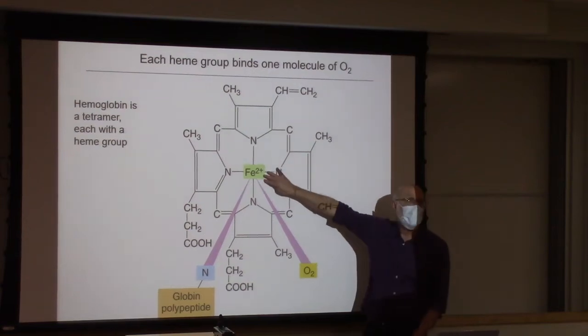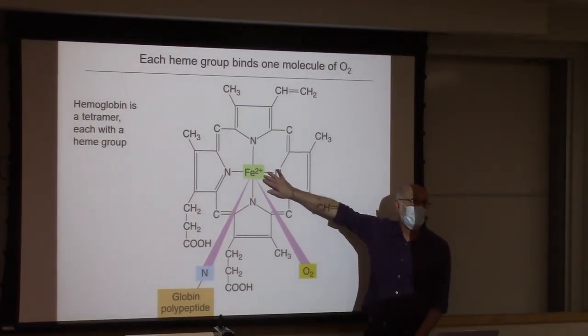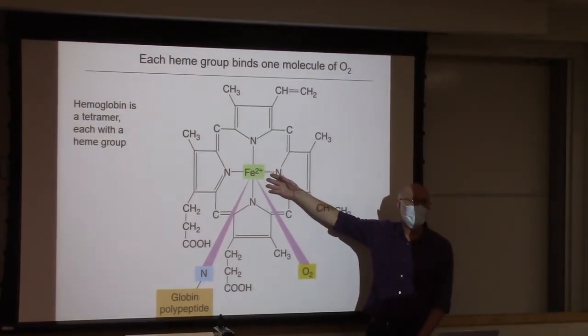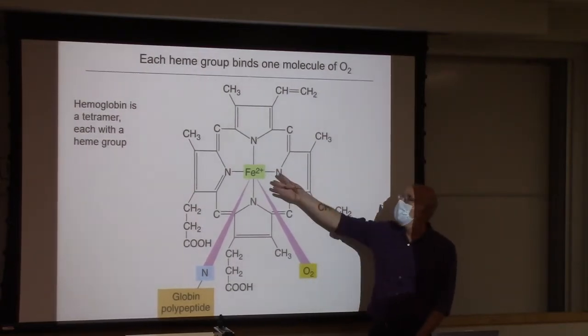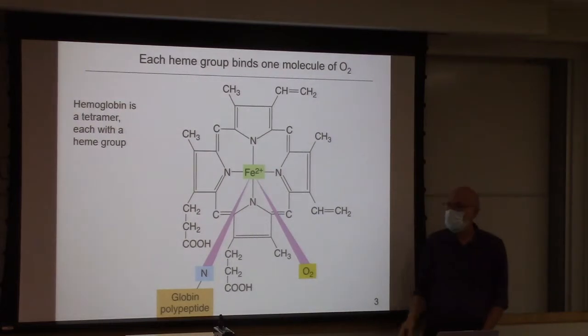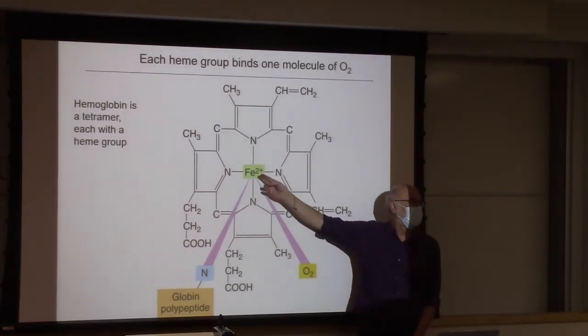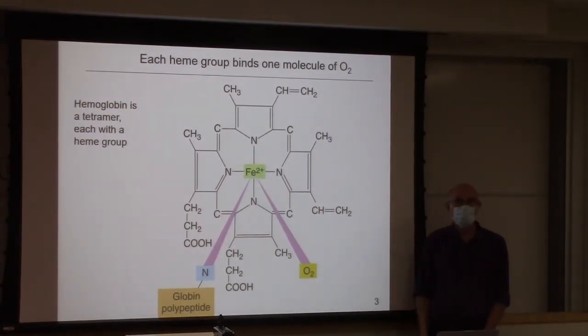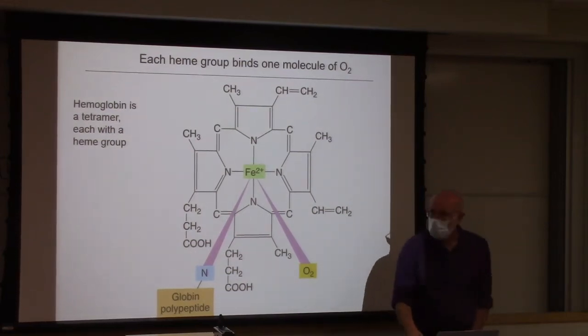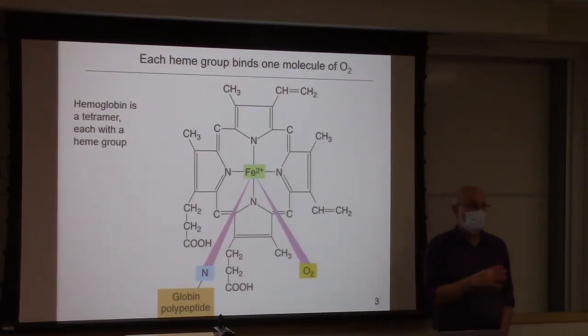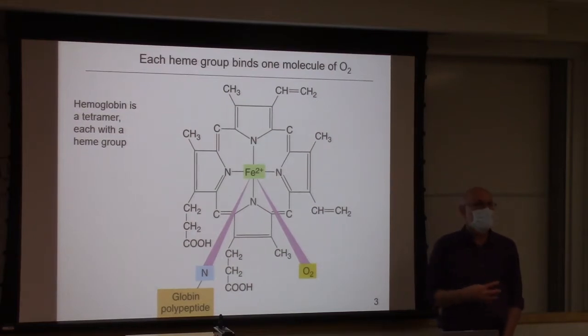And in the middle of the heme is an iron ion. This is why iron is a necessary nutrient, because your hemoglobin requires iron in order to bind oxygen. Four heme groups per hemoglobin, one heme group per globin monomer.